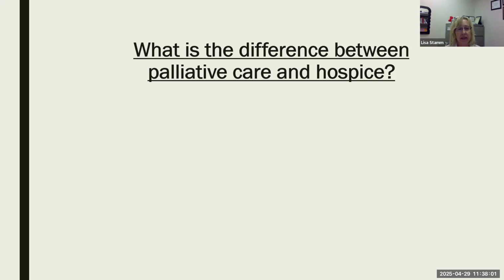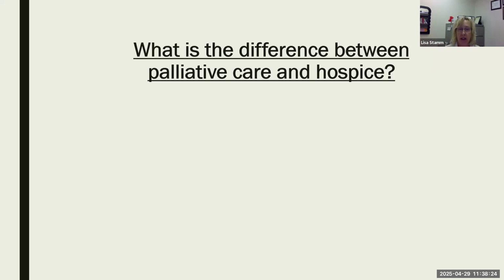So your big defining difference, and you're right, Nathan, is that in hospice care, patients are diagnosed by a physician of having less than 6 months of living. And again, we're not focusing on treating the disease, we're just focusing on making sure that our patient is comfortable.